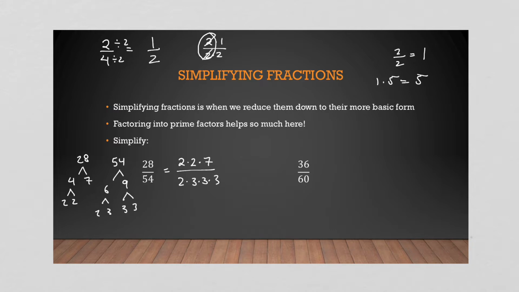And when you have everything broken down into factors and it's all multiplication, which this is, you can't cancel over addition, we can cancel a common factor. So in this case, a 2 cancels with a 2. Now that's all we can do, so we're left with 2 times 7, which is 14, and 3 times 3 times 3, 27. So that is the simplified form of 28 over 54.